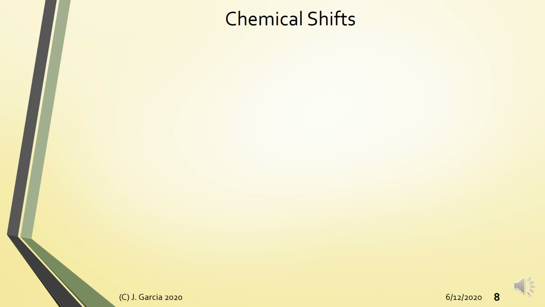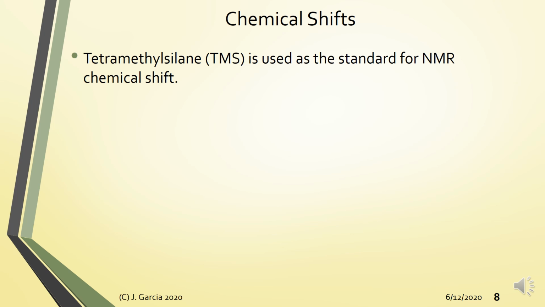Okay, so a little bit about chemical shifts. For chemical shifts, the unit is in ppm, parts per million. So where does this come from? Why is ppm the unit of chemical shifts? So the standard, the zero baseline standard used in NMR, is your trimethylsilane, or TMS.